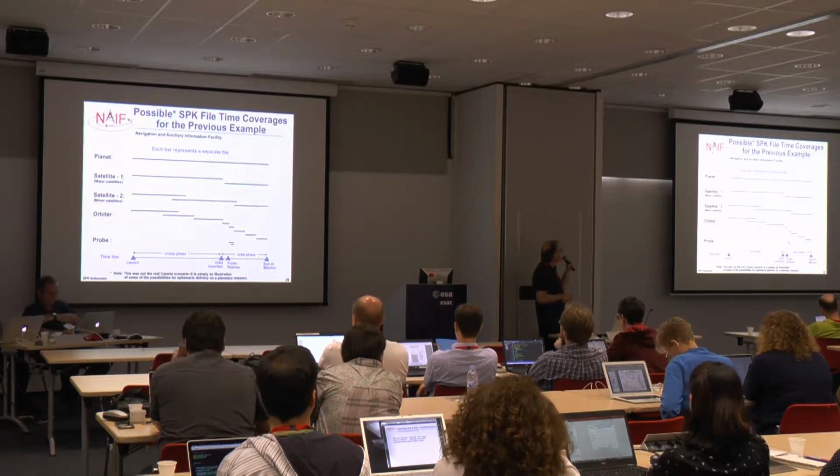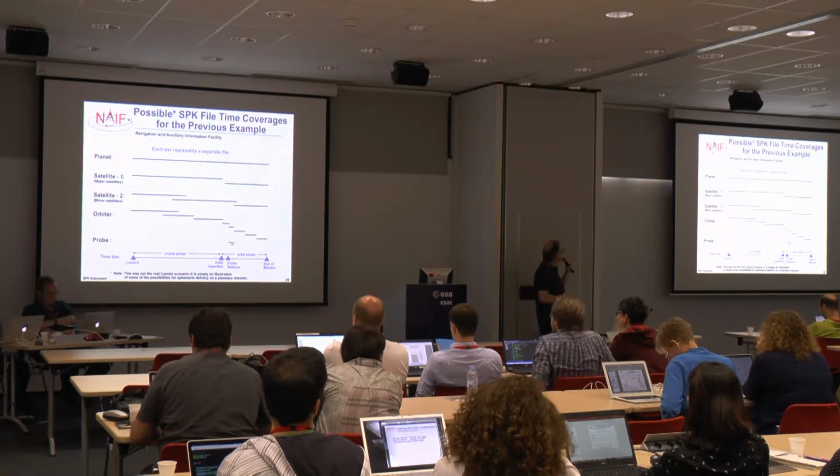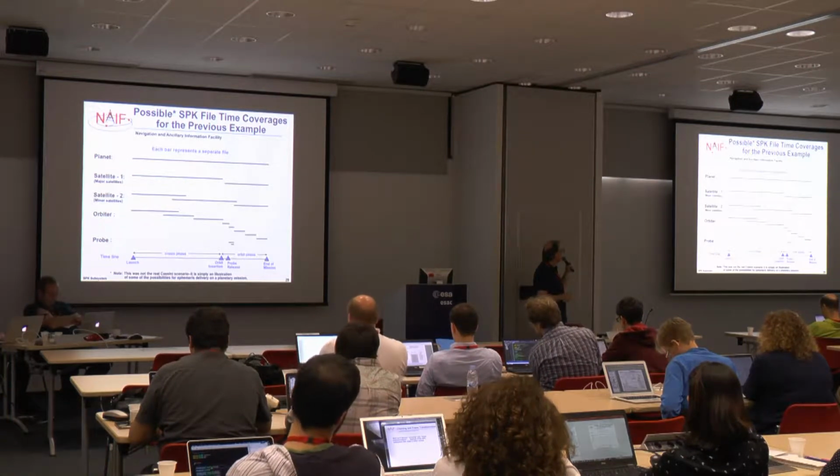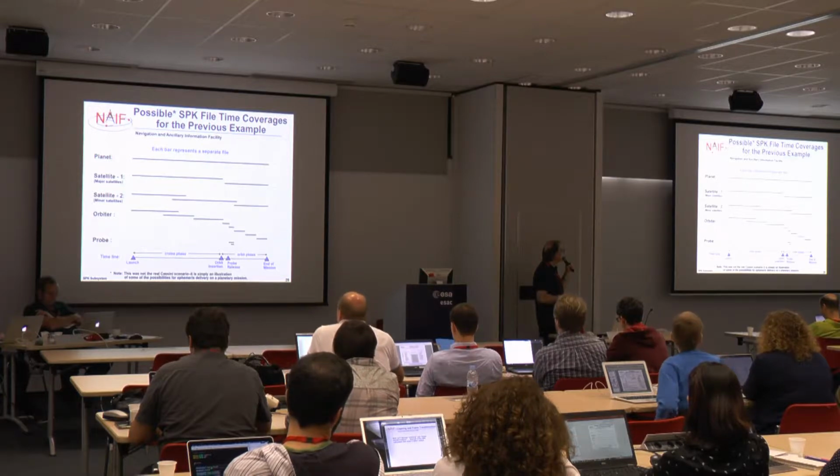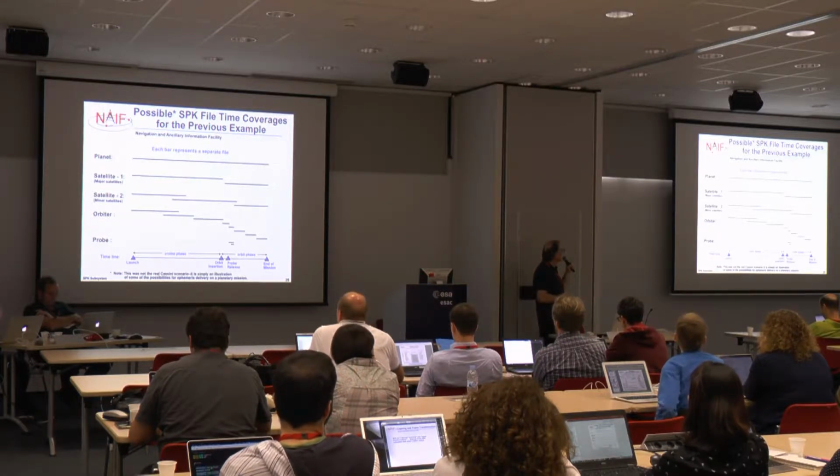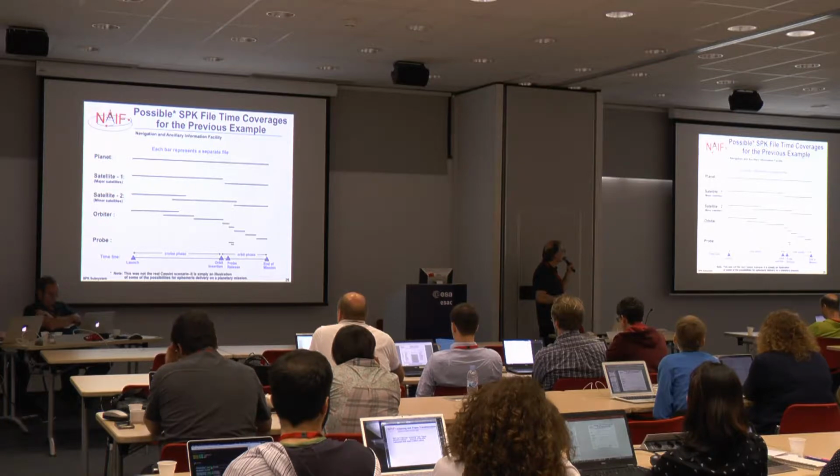Possible SPK file time coverages for the previous example. In this case, each bar represents a separate file. So we have simply one time interval for the planet ephemeris. For major satellites, we have 2 files, 2 time intervals. For the second set of satellites, we've got 3 files, 3 time intervals. For the orbiter, we have many files.